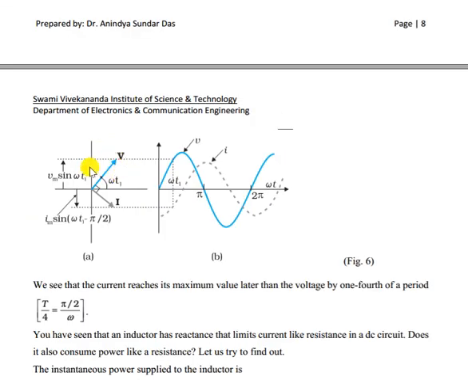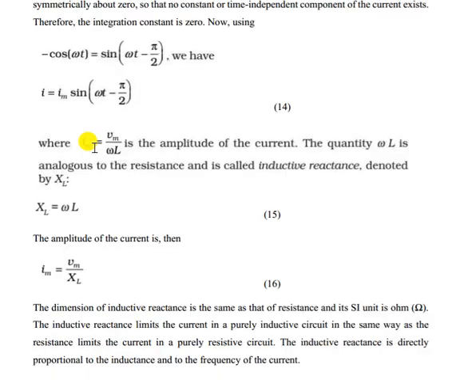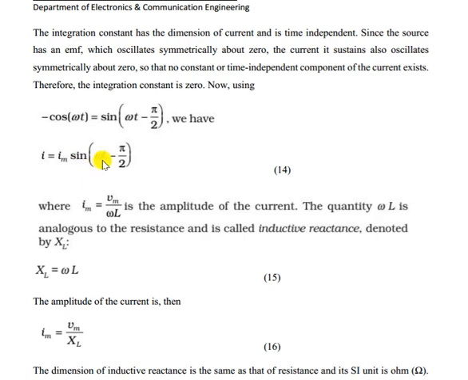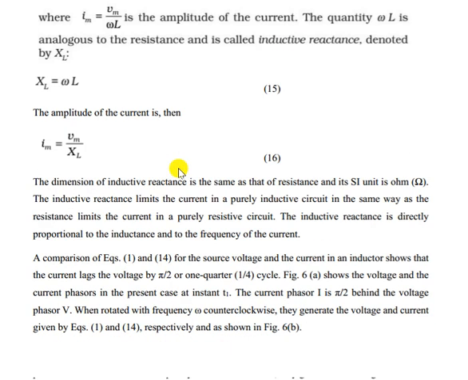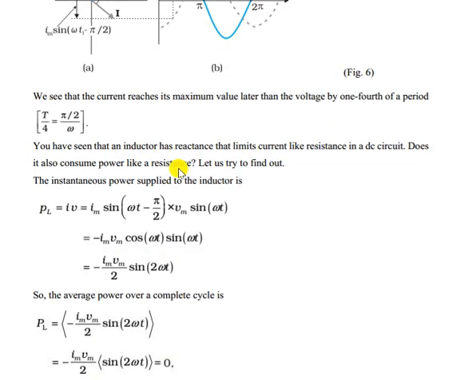Here voltage is leading, because voltage is Vm sin omega t and I equals Im sin(omega t minus pi by 2), so the current is 90 degrees lagging. So for a pure inductor circuit, voltage is always leading the current by 90 degrees. That is the main point.